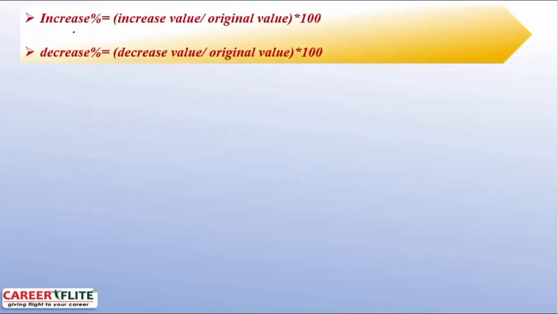For the formula increase percent equals increase value by original value into 100, let us take an example. The price of a potato is increased from 20 rupees to 40 rupees. So what will be the increase percent?